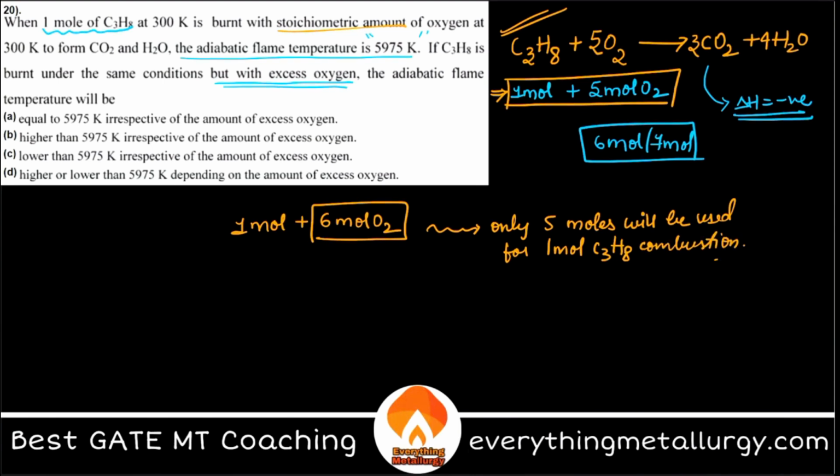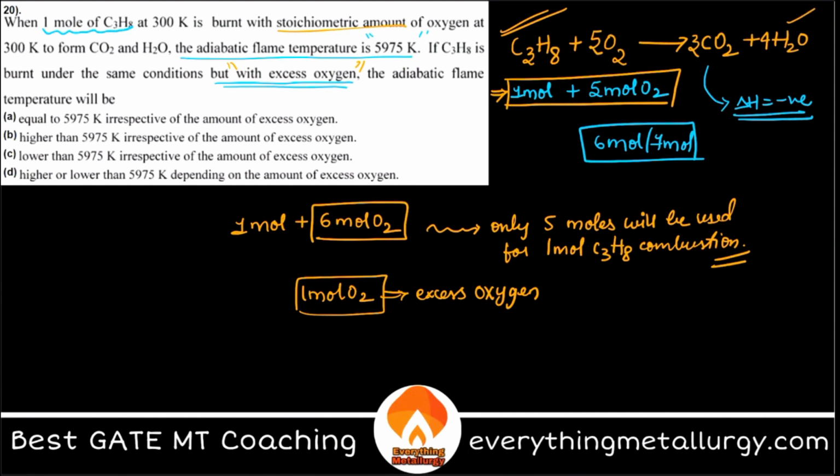But what about my extra 1 mole? That is the excess oxygen we want to study. This excess oxygen will not be involved in any reaction, because with 5 moles all my C3H8 is already burnt out. There is nothing left for it to react with.